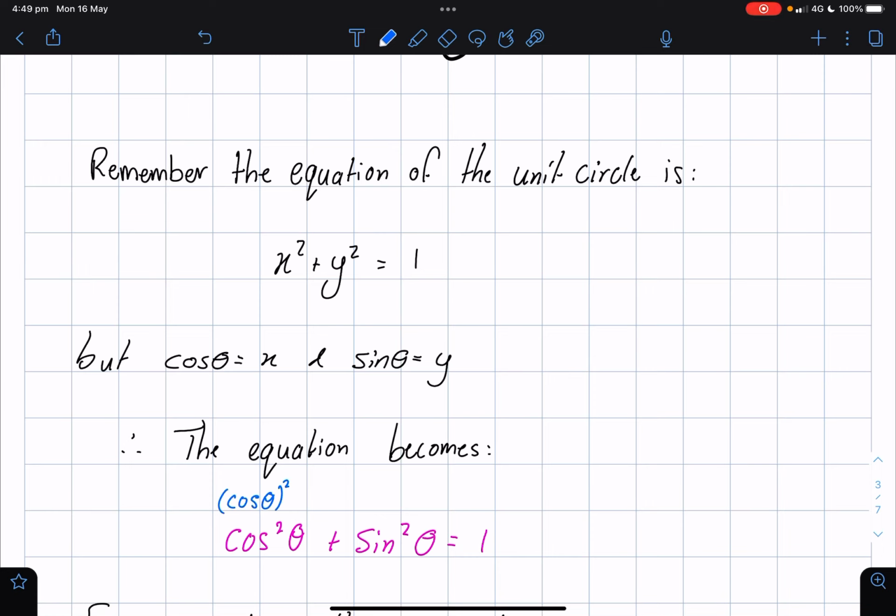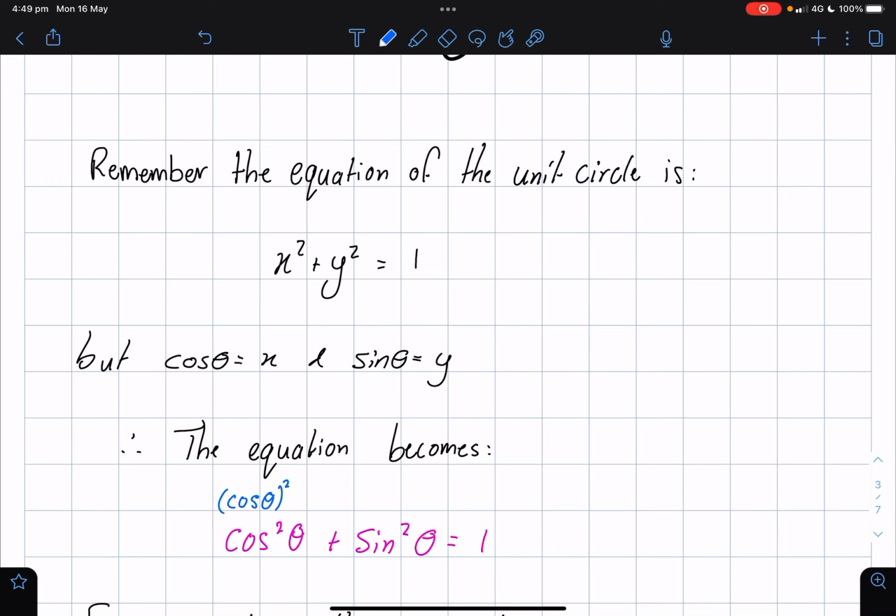But this result here, cos squared theta plus sine squared theta equals 1, is actually a really, really crucial trigonometric identity, okay? It is the first one we look at, and there are a lot more to follow, but this one is probably the most used one that you will come across at this level of maths, all right? So it's really important that we get this formula down, because we will be using this a lot in the next video and future videos, all right?